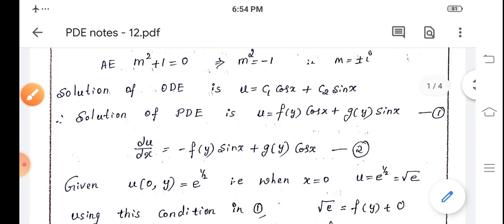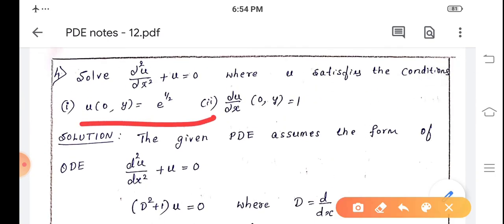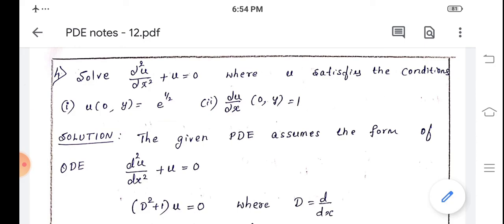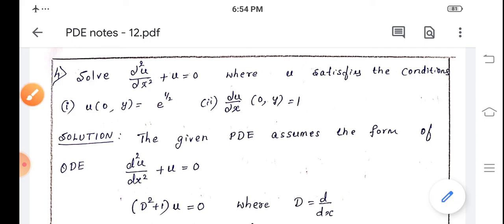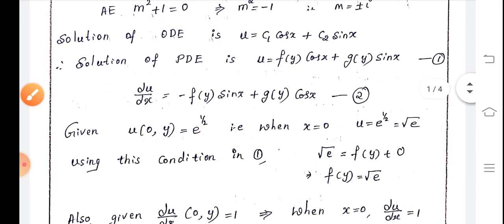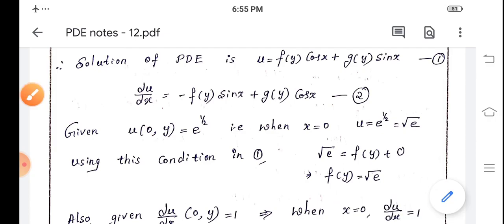Now we can use the given conditions, that is, we take the first condition u(0, y) = e^(1/2). That means when x is equal to 0, u is equal to e^(1/2), or we can write it as root e.